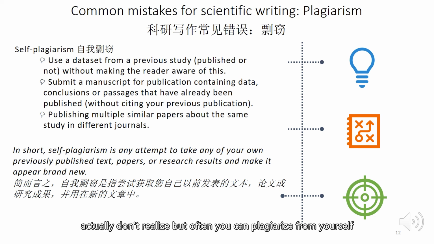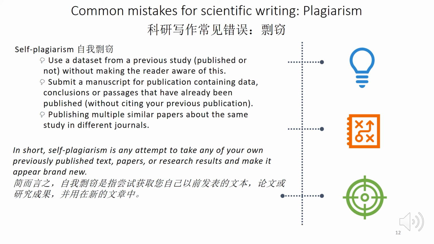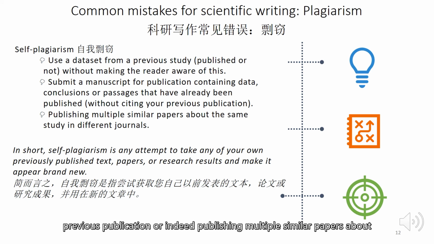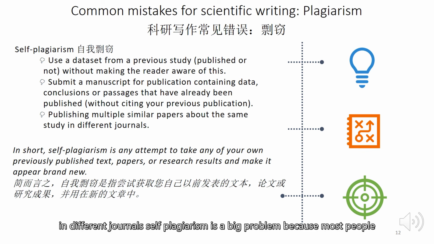And many authors actually don't realize that often you can plagiarize from yourself. You can steal from your own work if you republish a data set from a previous study without making your reader aware of this. If you submit a manuscript for publication that contains data, conclusions, or passages that have already been published without citing your previous publication, or indeed publishing multiple similar papers about the same study in different journals.